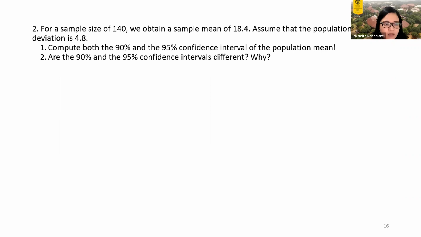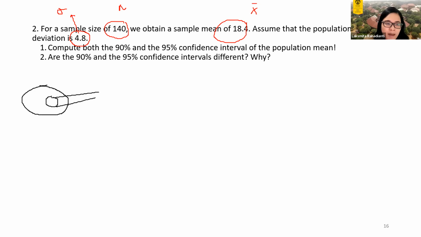We know here that we have the sample size, our n. We have a sample mean. The next sentence says, assume that the population standard deviation is 4.8. This is the population. So if we go back to our initial drawing of population and sample, this is how these map out.